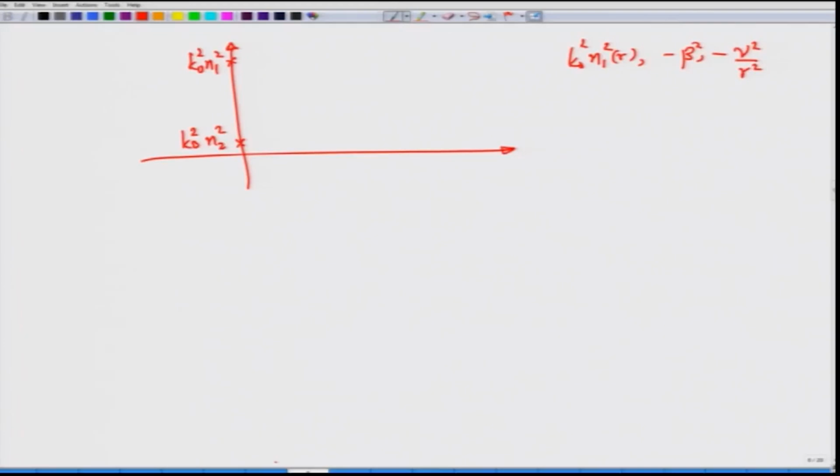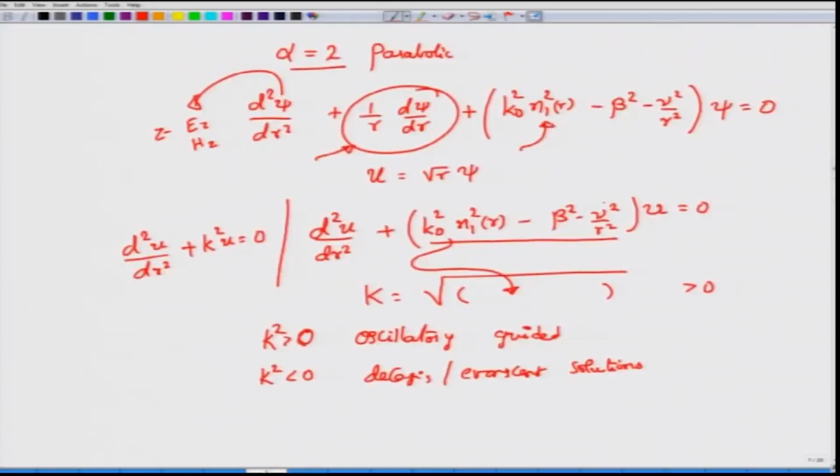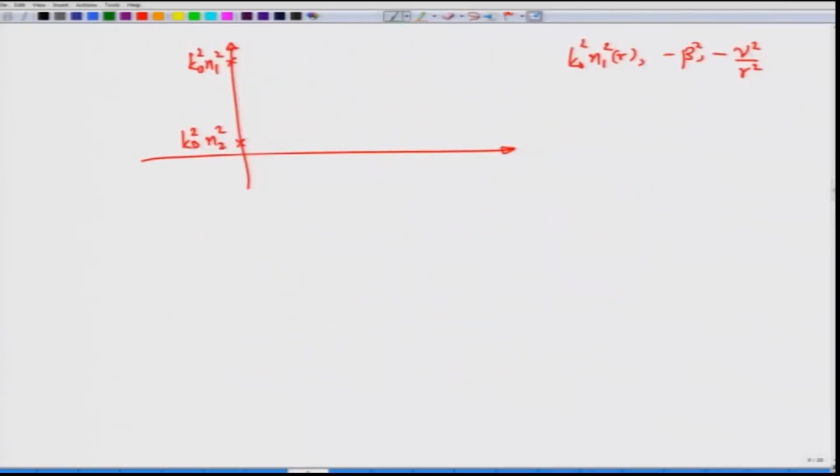The equation when you write it down in this way turns out to be not nu square but nu square minus 1 by 4. Okay. So, if you go back and look at that term, nu square minus 1 by 4 divided by r square, and when you plot all of them, this is what you will find.